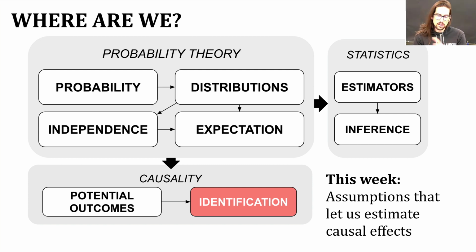And then we went back a little bit to probability theory. And we say, okay, well, we talked about data generating processes and estimands, but the kinds of questions that we're actually usually interested in are causal. So they have to do with what would happen if I did this versus what would happen if I did that.